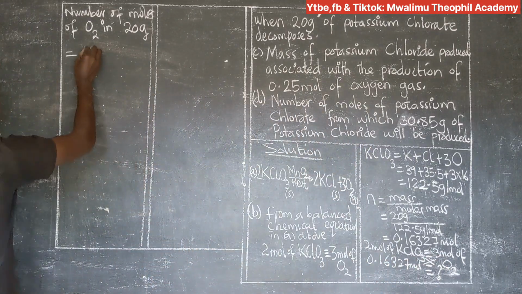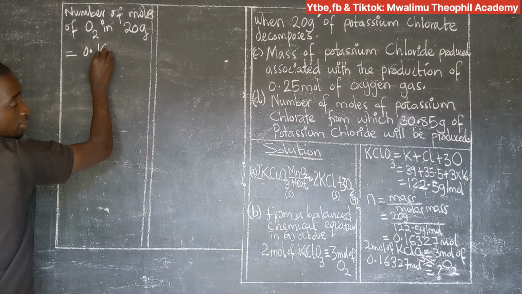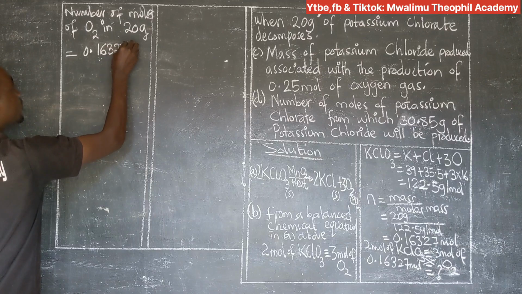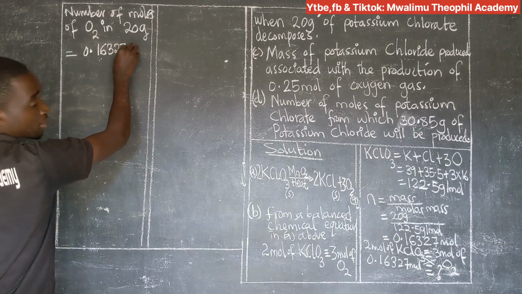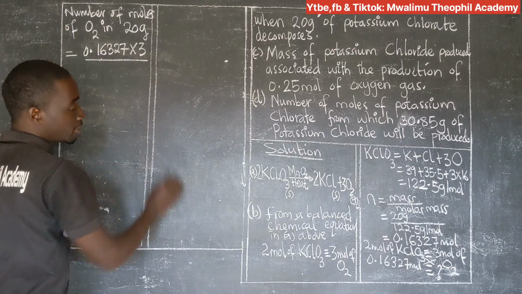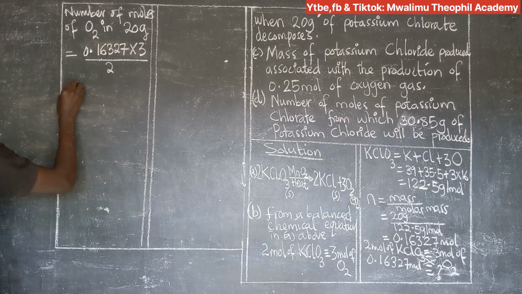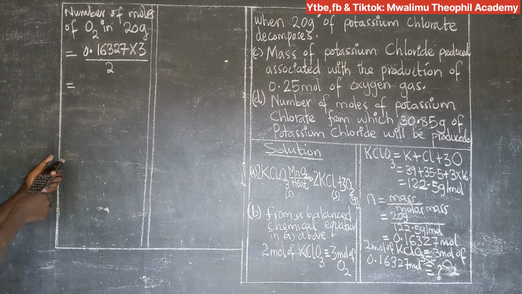So it will be equal to 0.16327. We multiply it by 3, then we divide by 2. The answer obtained here is 0.16327 times 3, divided by 2.